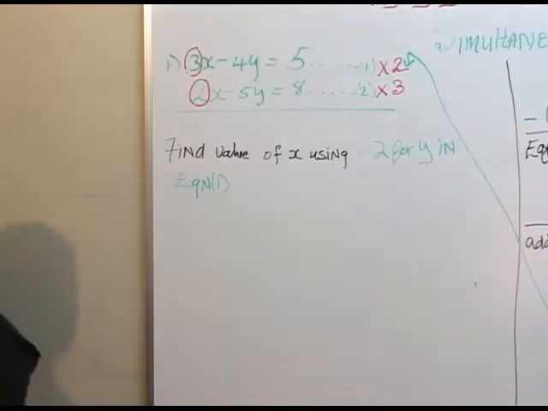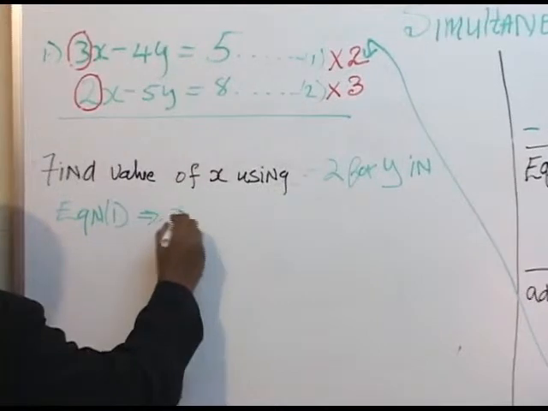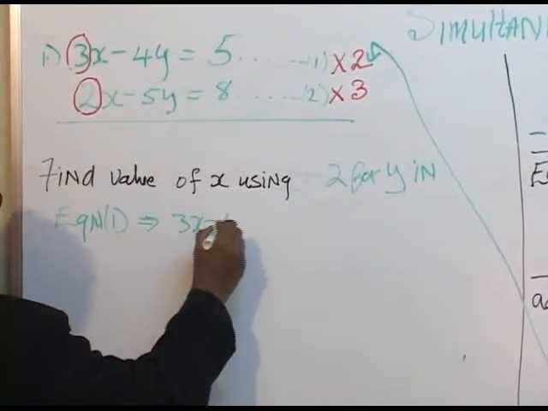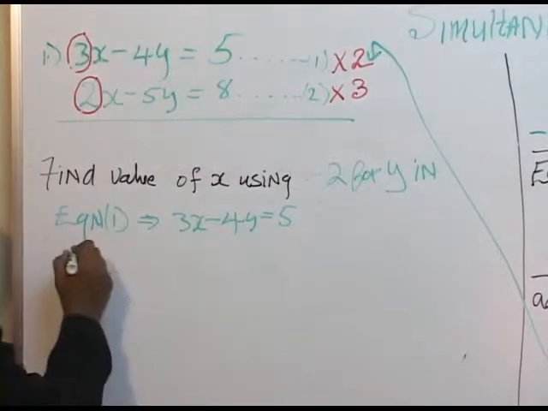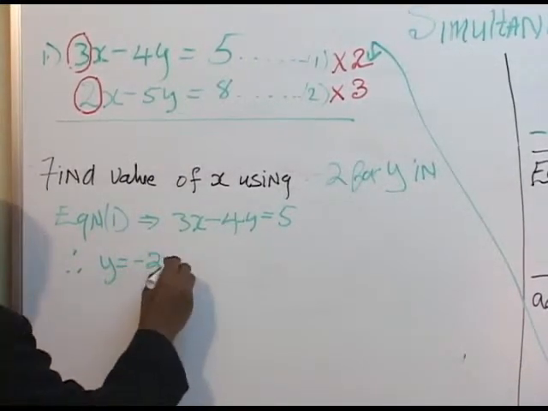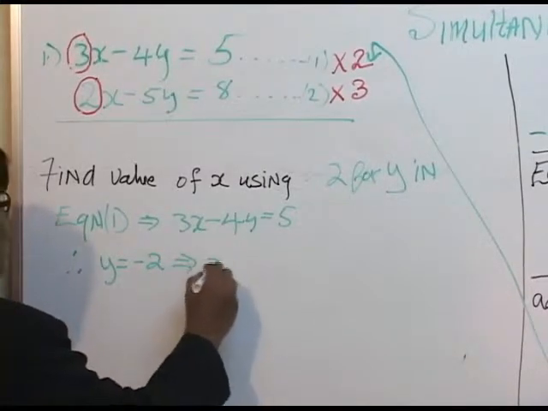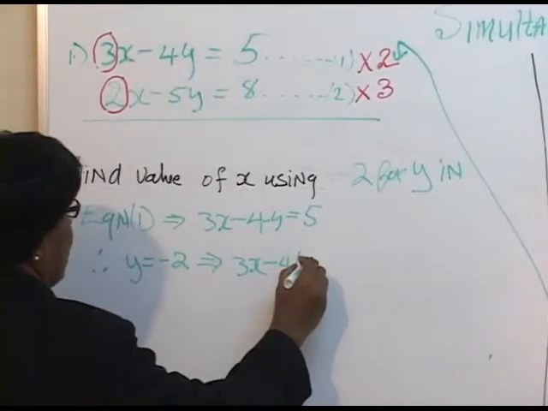In equation 1, I'm using the equation 3x minus 4y is equal to 5. Therefore, y equals negative 2 implies that 3x minus 4 times negative 2 is equal to 5.